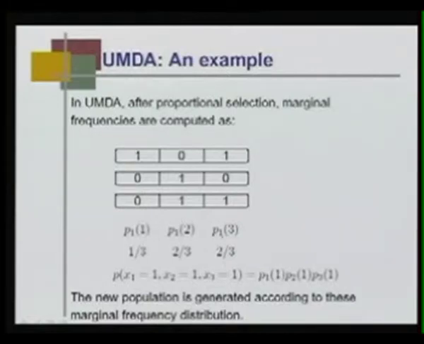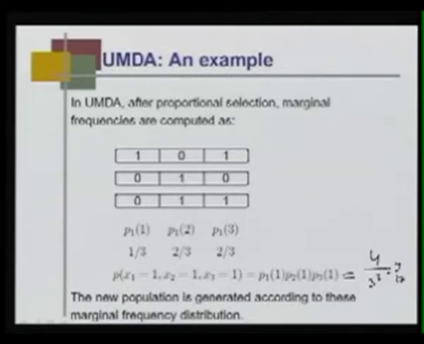So, obviously, the joint probability of x1 equal to 1, x2 equal to 1 and x3 equal to 1 is simply the multiplication of these, which is 1 upon 3 into 2 upon 3 into 2 upon 3. You can easily see this is 4 upon 3 cube, or 4 upon 27.